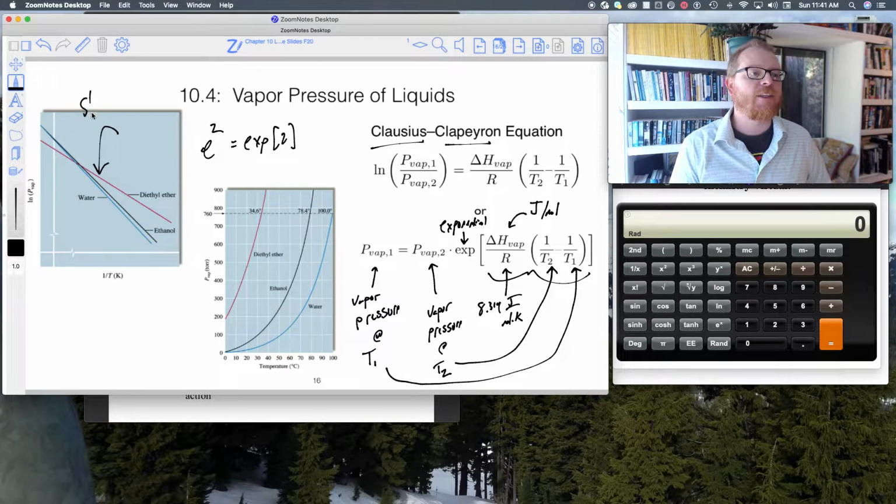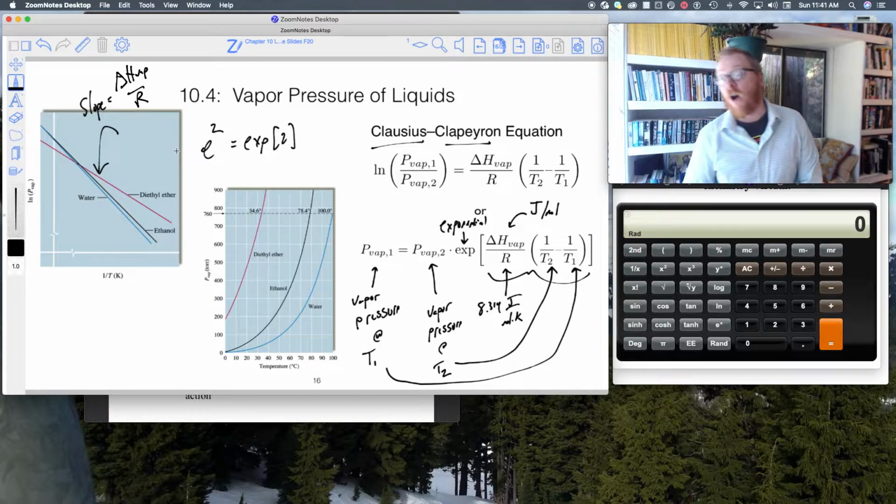And in fact, the slope of that straight line is the delta H of vap divided by the gas constant R.